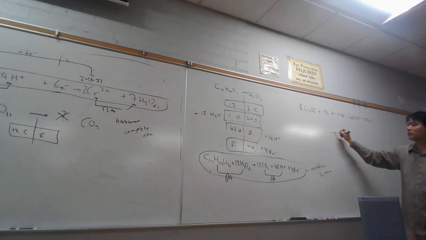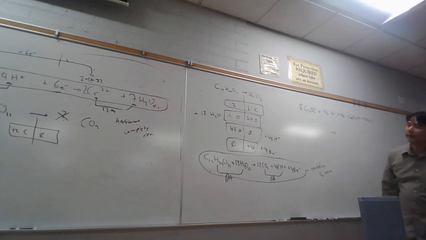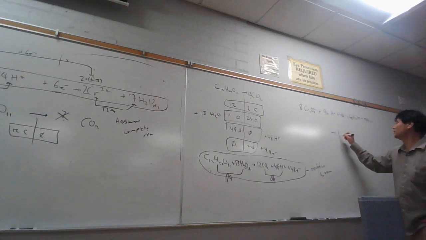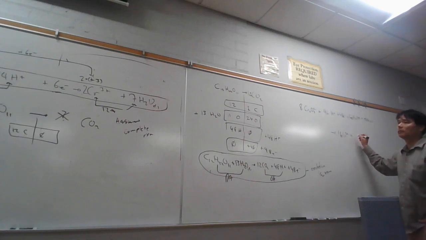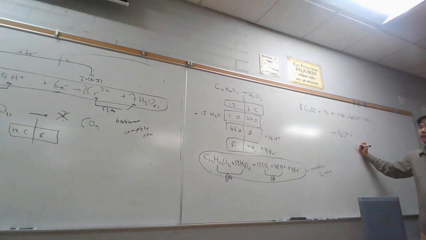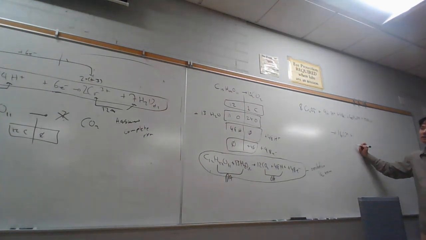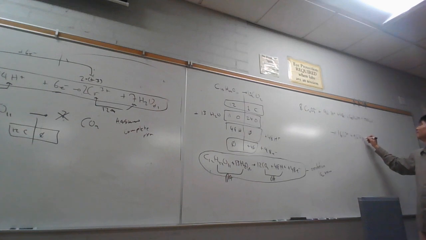This is going to produce 8 times 2, 16 chromium 3s plus 8 times 7, 56, thank you. And the H pluses are 112?